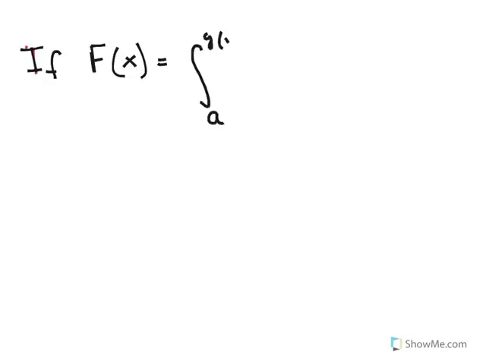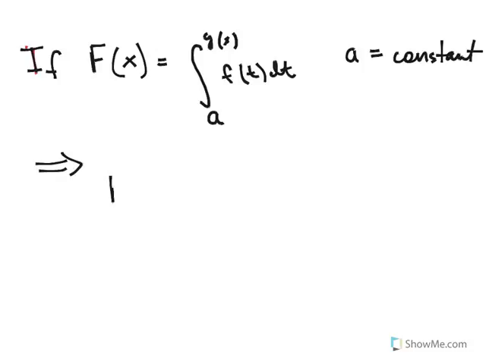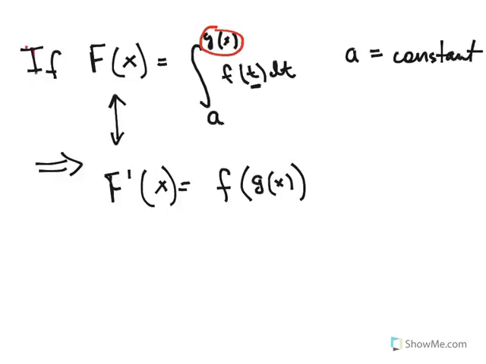Now, the second fundamental theorem of calculus, the FTC 2, says, if f of x equals the integral from a, some kind of constant value, to, we're gonna express the upper boundary as a function, g of x, of f of t dt, where a is constant, then the derivative of this function is simply f of, now instead of t, I'm actually going to plug in the upper boundary, which is g of x, times, since it's not just x, but it's g of x, which makes it composite, you sort of need to apply the chain rule, kind of.